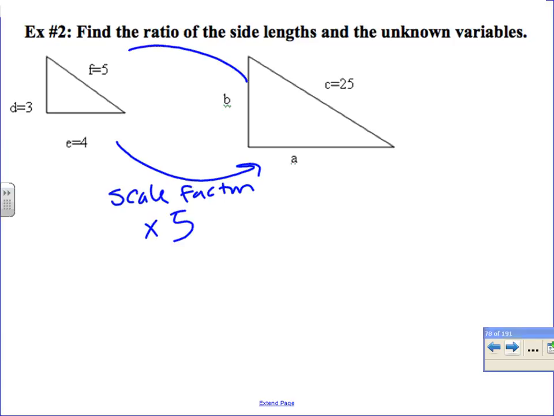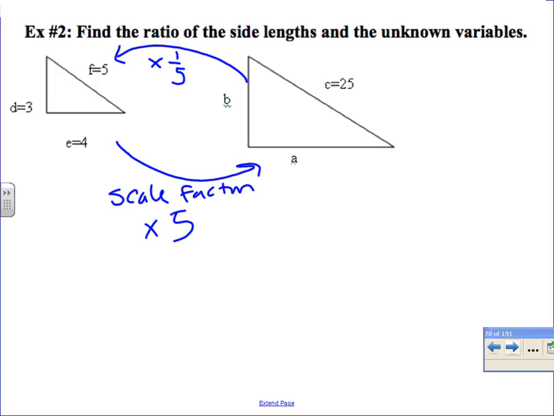What is the scale factor going from here to here? So we're finding scale factor right now. Matt? Okay, but scale factor always uses multiplication. Good. Times 1/5. Scale factor going from here to here is times 1/5.